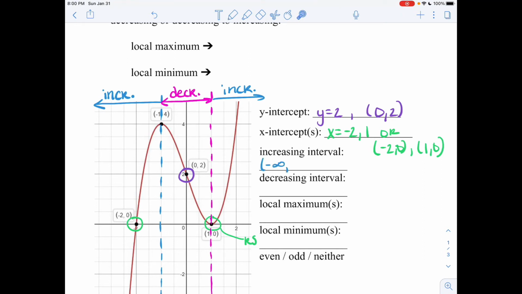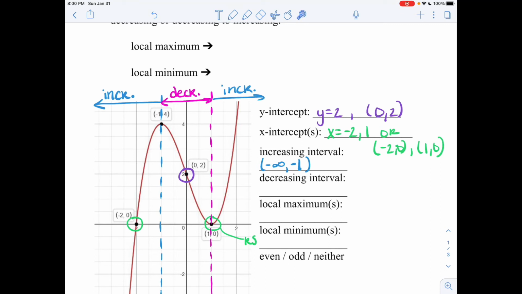And I am continuing to increase my graph until I get to an x value of -1. Remember, it's x values. I don't care that the maximum point is at 4 right now. In the y direction, we'll talk about maximums and minimums here in a minute, but right now I am only focusing on the x interval where I am increasing or decreasing.